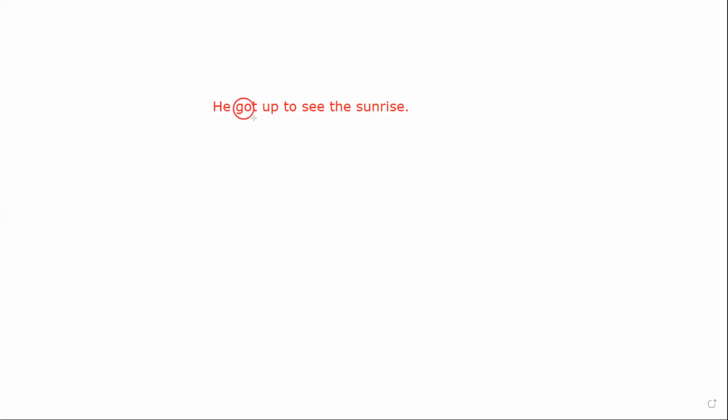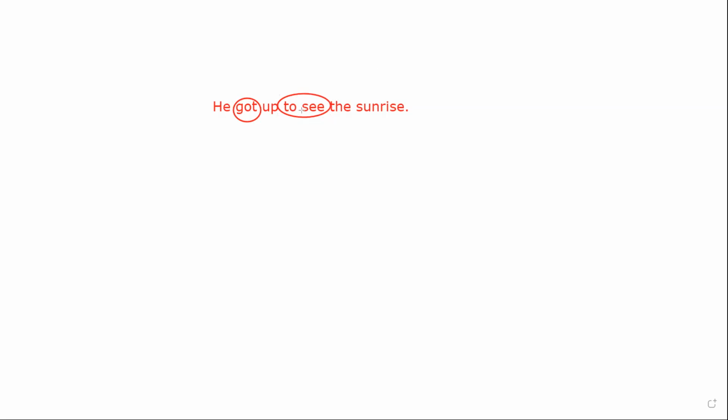First one is got up, second one is to see. Get is the verb and the preposition up is combined with that to make a phrasal verb. So this is got up, a phrasal verb. And to see is the infinitive here.